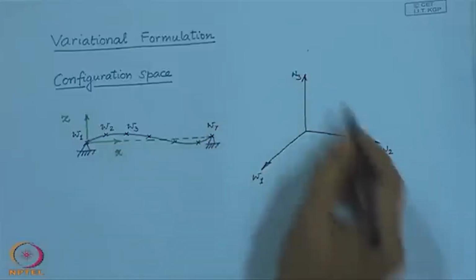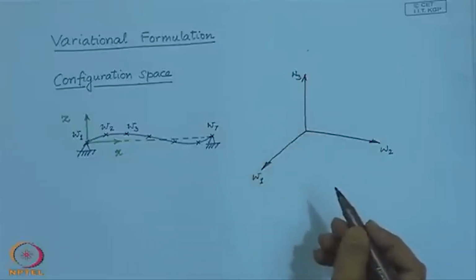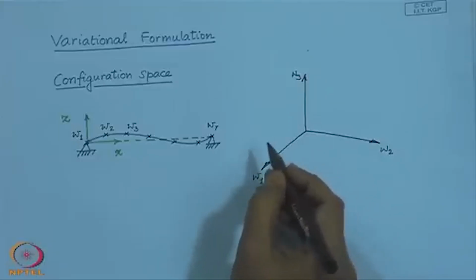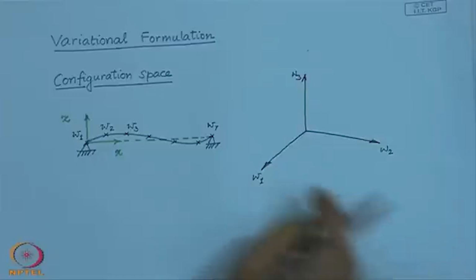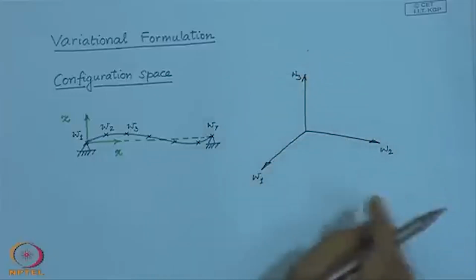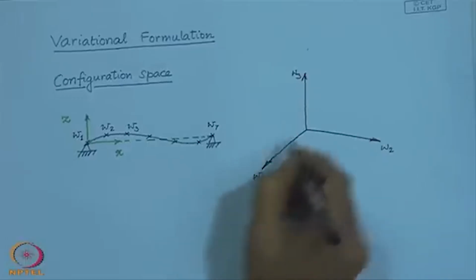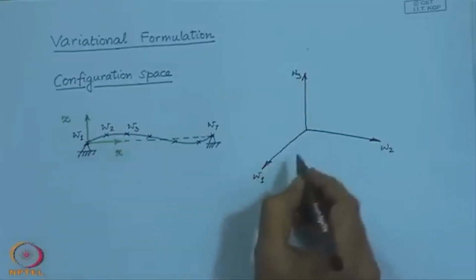I cannot draw a space with 7 axes, but I appeal to your imagination that you think of a space in which there are 7 such axes, and then mark on these axes the displacement of each of these points.